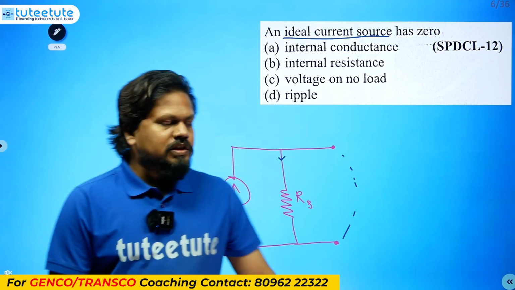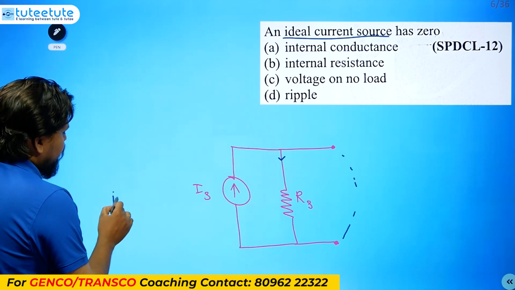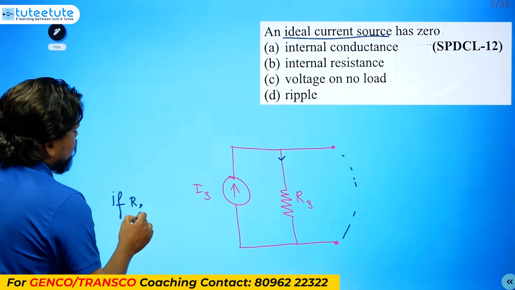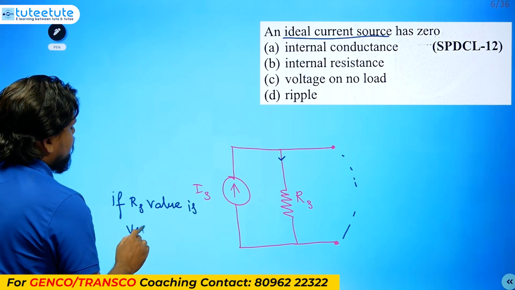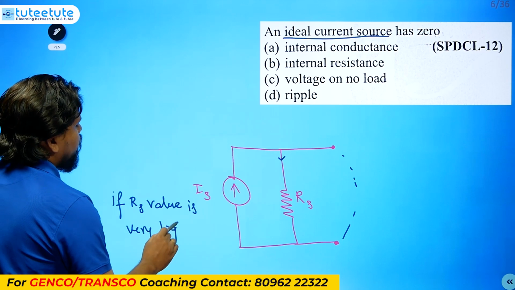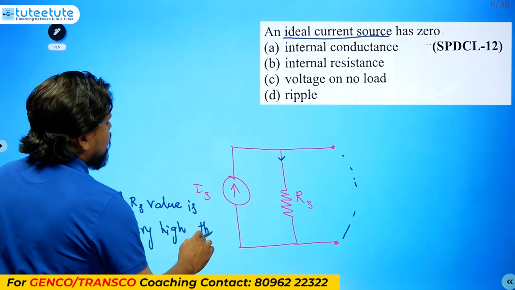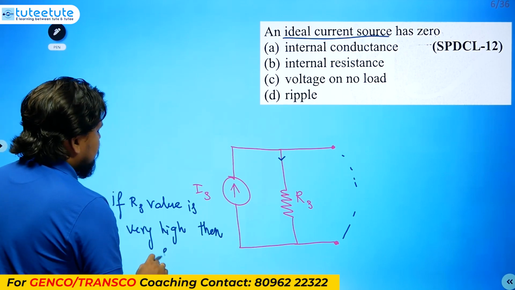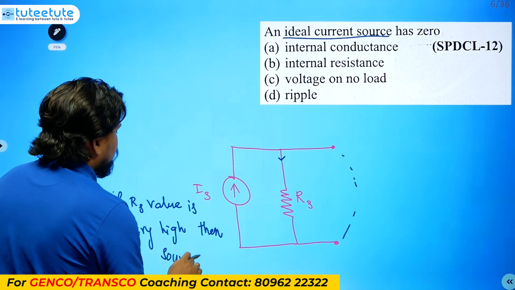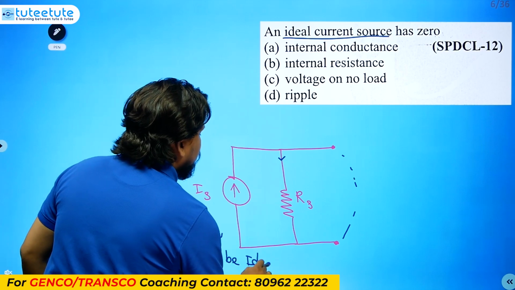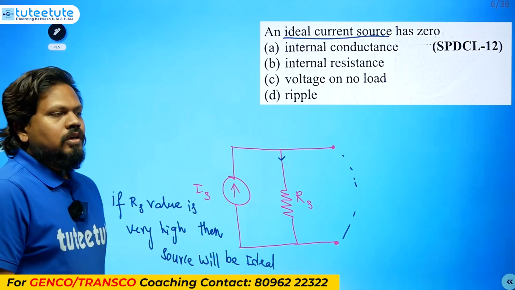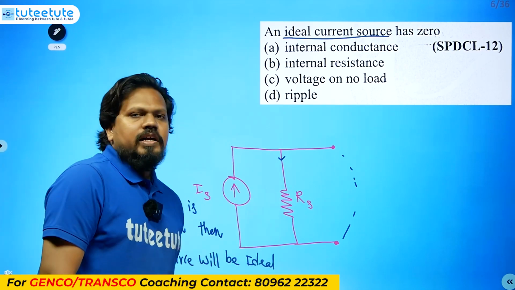If the Rs value is very high, then the source will be ideal. Understood? So the source is ideal if Rs is very high.